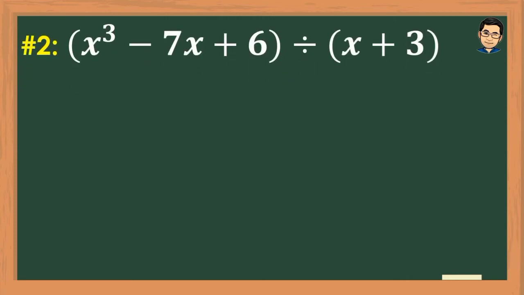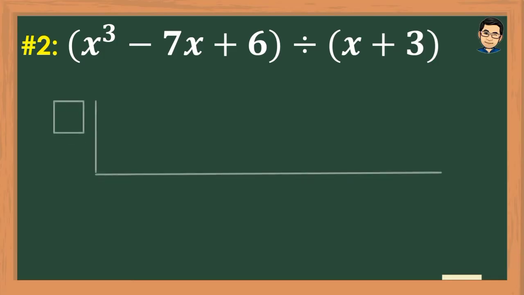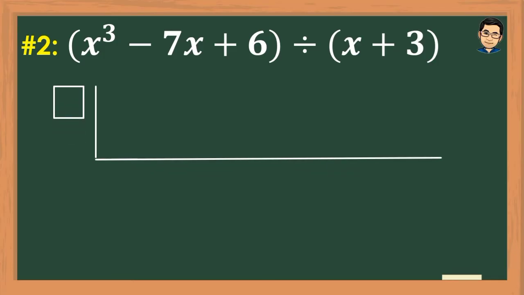So, let us now divide the polynomial using synthetic division. Dapat ang makuha nating remainder dito is also 0. Kagaya nga ng sabi ko kanina, meron tayong missing term which is yung term na x squared. So, ibig sabihin, isusulat natin yung 0 sa pagitan ng x cubed and 7x. Okay?